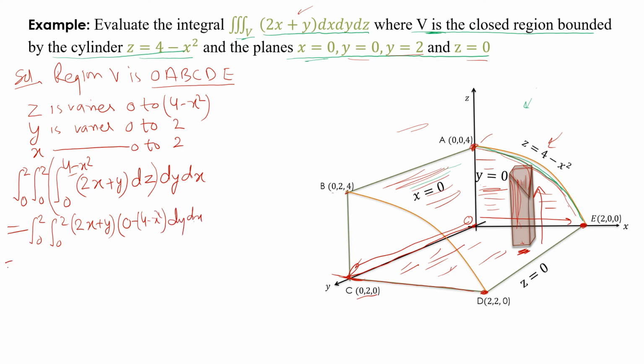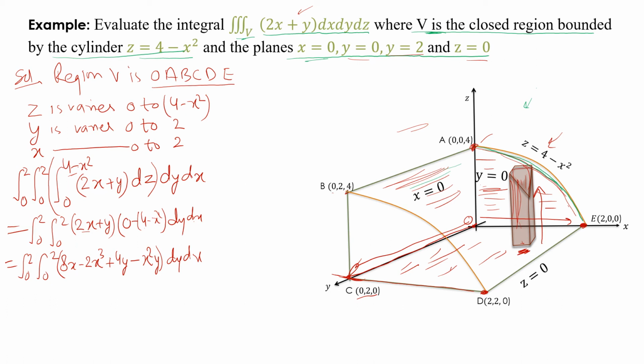On simplifying, you get the integral from 0 to 2, 0 to 2, and when you multiply 2x into 4 and so on, that is 8x minus 2x cube plus 4y minus x square y, dy dx. Now we take the integration with respect to y.